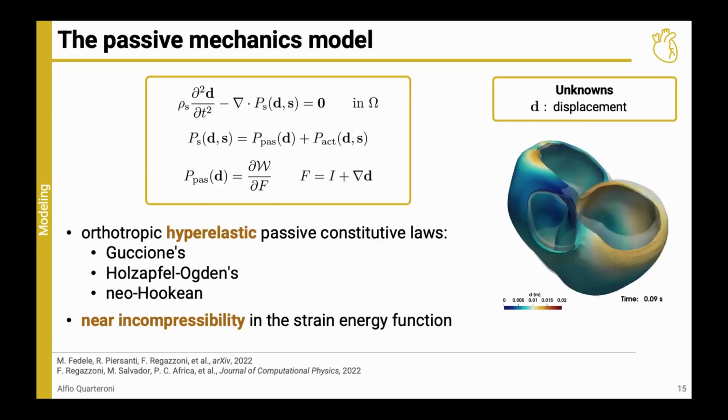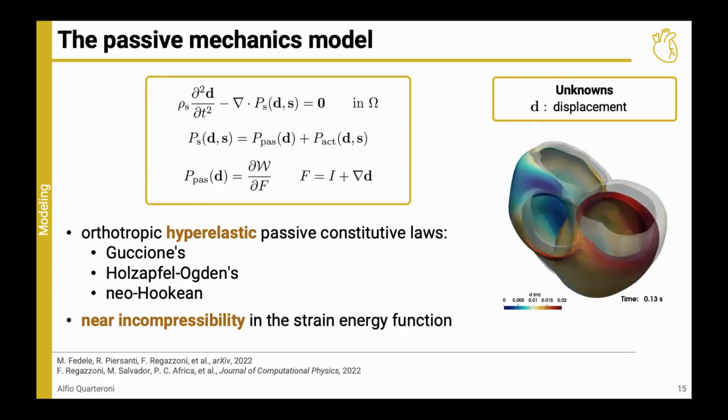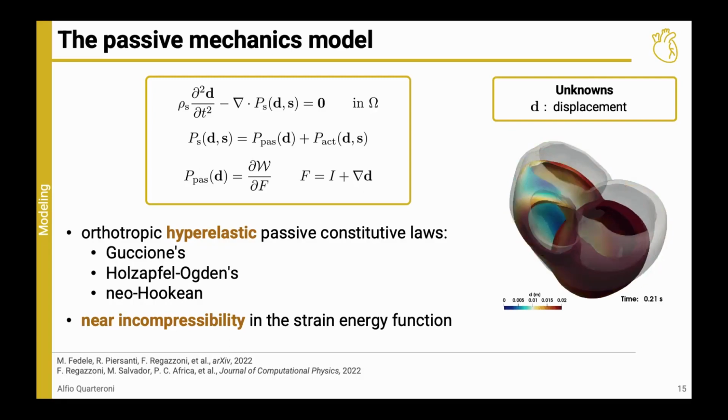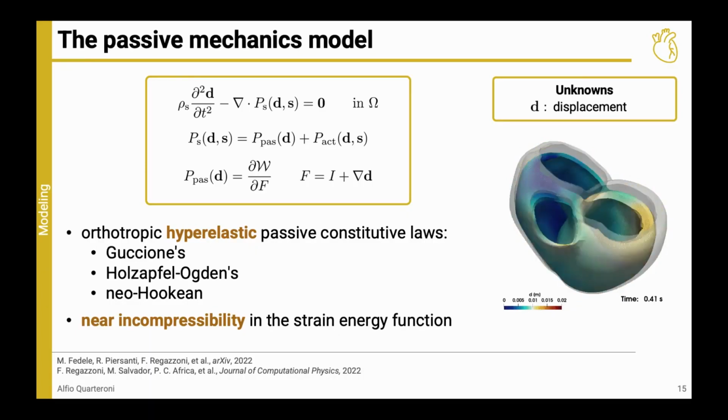And this is the system that generates the deformation. This is the passive mechanics. When you have an elastic object and you apply a force, you know that it deforms, right? You have a bridge, for instance, or just iron, whatever, you apply a force with a certain intensity, it will have deformation. So the heart does not escape this rule, it is a solid material, so you apply the force which is induced by the fluid, which is compressing and relaxing inside, so you have the deformation of the heart.